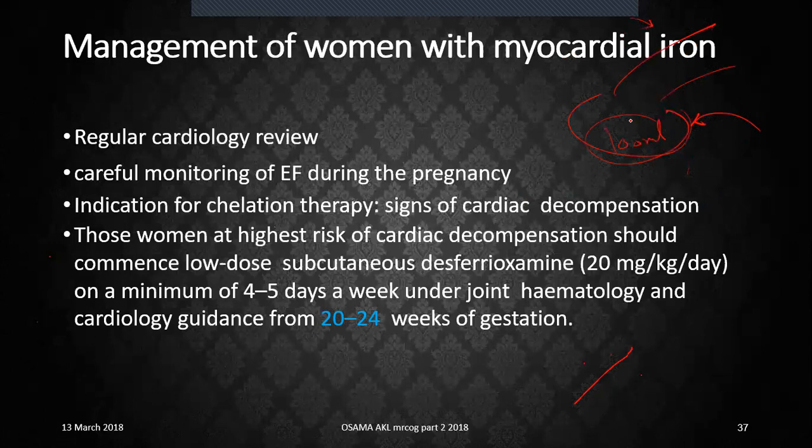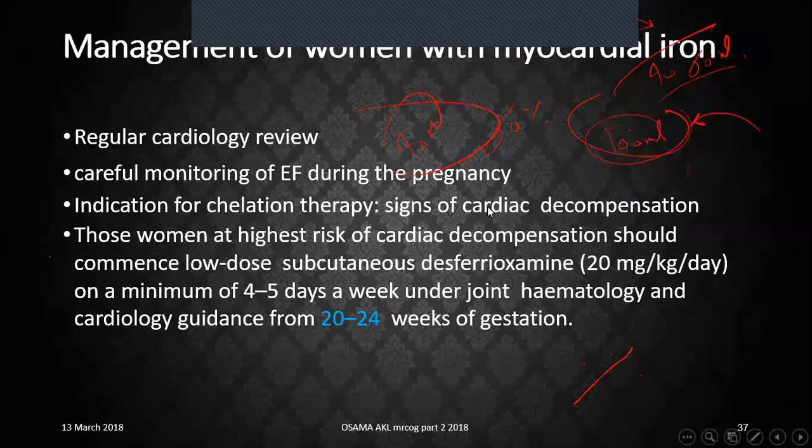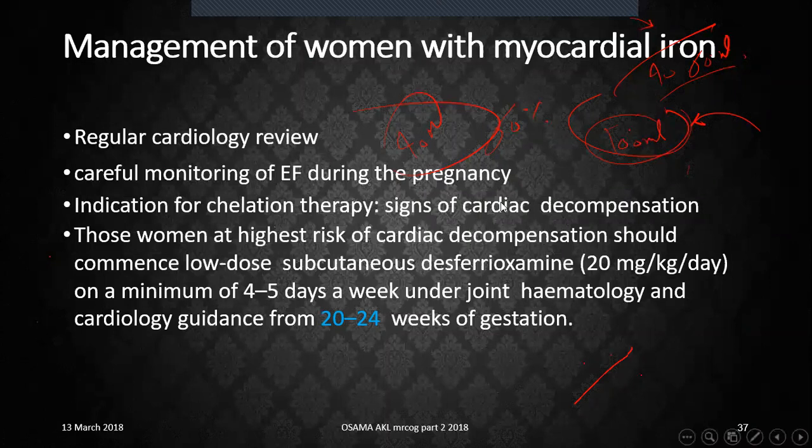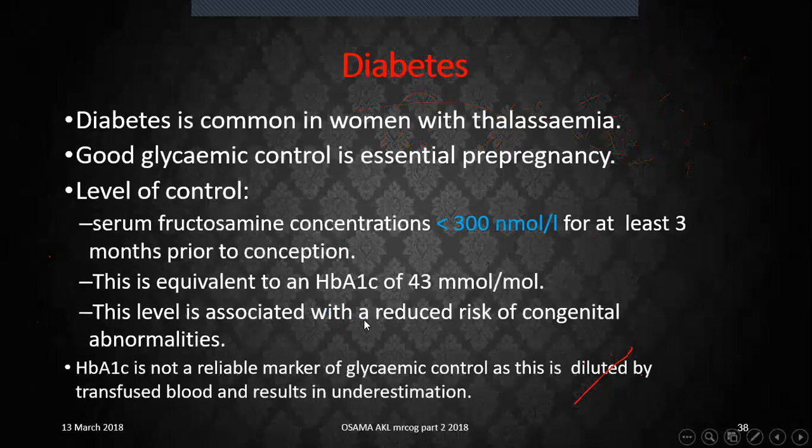If the heart pumped, for example, 60 milli, so ejection fraction is 60%. If the heart pumped 40 milli, it's 40%. This is ejection fraction, and it's a good measure to assess the function of the heart. So we need to assess ejection fraction during pregnancy.